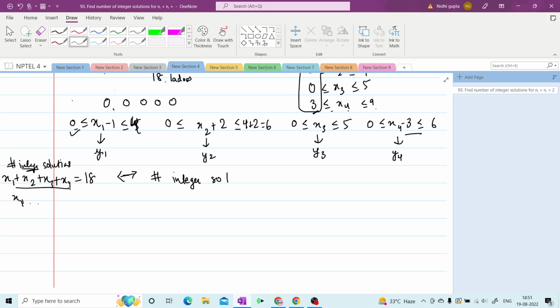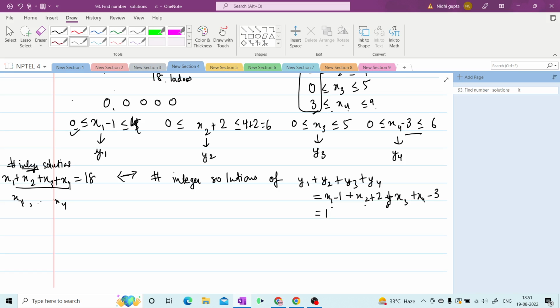So we have these conditions on x1, x2 and x4. It is the same as computing the number of integer solutions of y1 plus y2 plus y3 plus y4. What is this? y1 is x1 minus 1, y2 is x2 plus 2, y3 is x3 and y4 is x4 minus 3. So the sum is x1 plus x2 plus x3 plus x4 minus 1 plus 2 minus 3, which is 18 minus 2, which is 16.